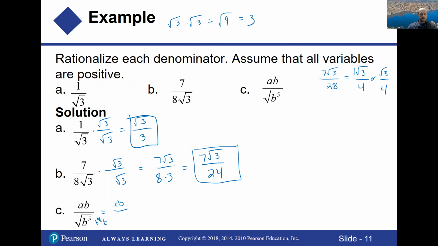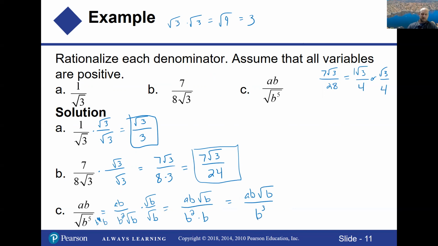The square root of b to the 4th is b squared. So it's ab over b squared times the square root of b. Now what I can do is multiply top and bottom by the square root of b. And I have ab times root b over b squared times, well, square root of b times square root of b is just b. So I have ab times the square root of b over b to the third.